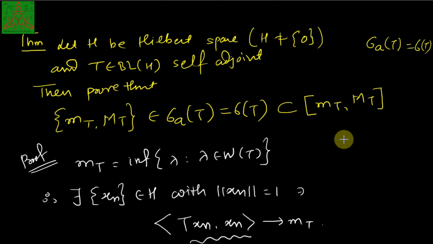I can say that there exists a sequence lambda_n belonging to W(T) such that lambda_n tends to m(T). So as per the definition of infimum, we can have such a sequence.